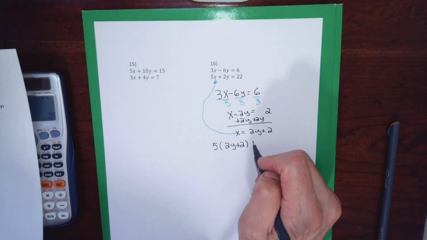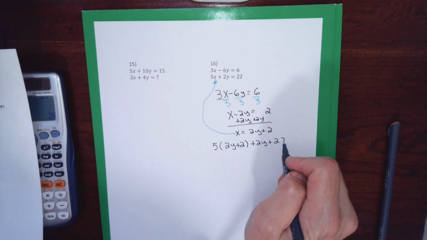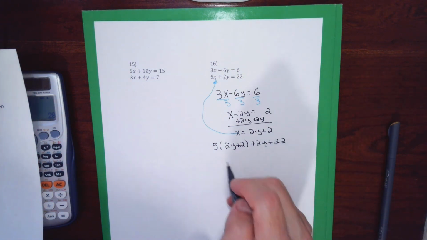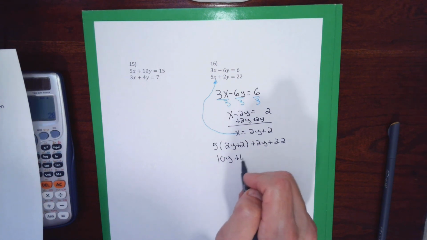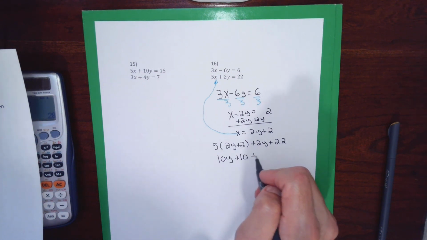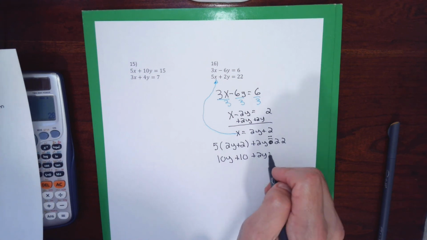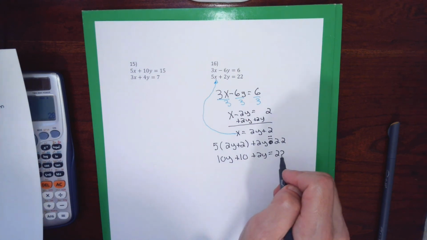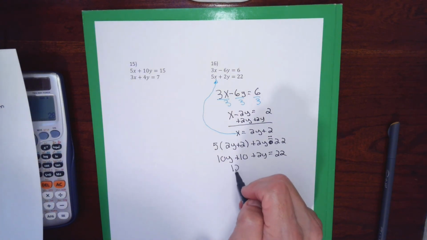I'm going to leave the plus 2y and I'm going to leave the 22. Clear the parentheses that I put in to get 10y plus 10. Leave the plus 2y, so not plus 22, it should be equals 22. Combine the 10y and 2y and get 12y.